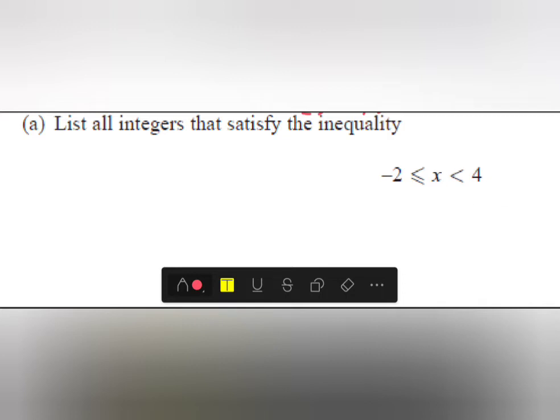Now let me show you another step of doing this. You can put the inequality on a number line and answer the question very easily. How do you do this? You're going to put a number line, you're going to put negative 2 here, and then negative 1, 0, 1, 2, 3, and 4.